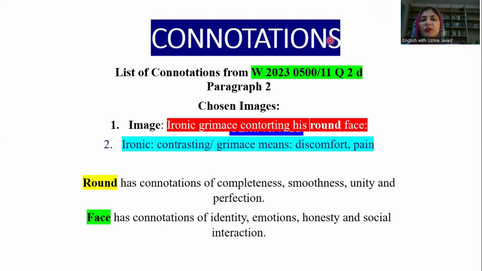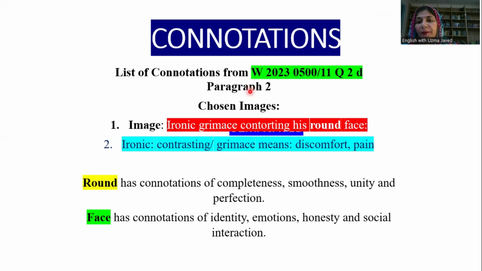The first image was taken from the 2023 Winter paper, which assigned the students to work upon paragraph 2, and three images are supposed to be chosen from each paragraph. But in this video, for the sake of explanation, I have taken more than three examples.